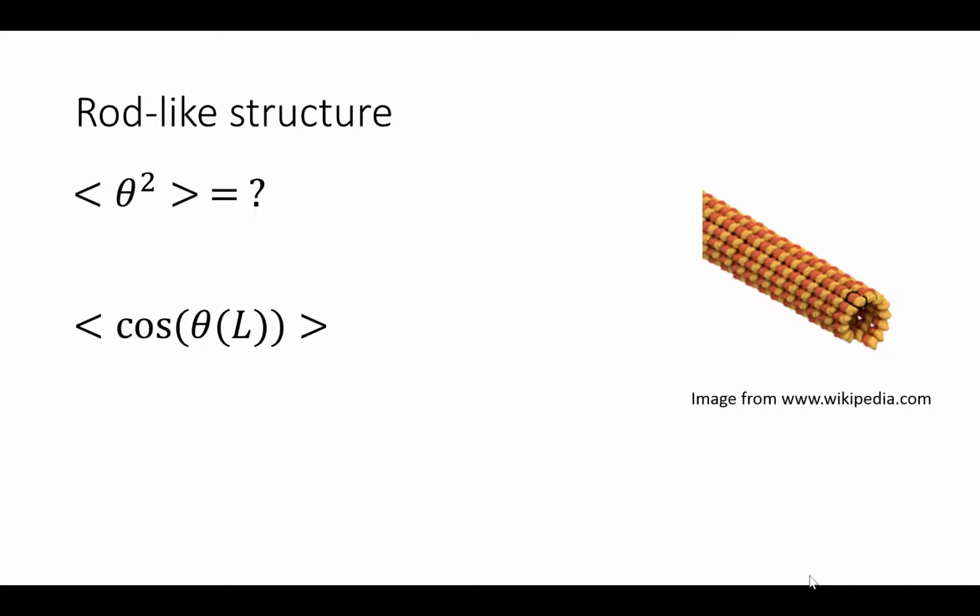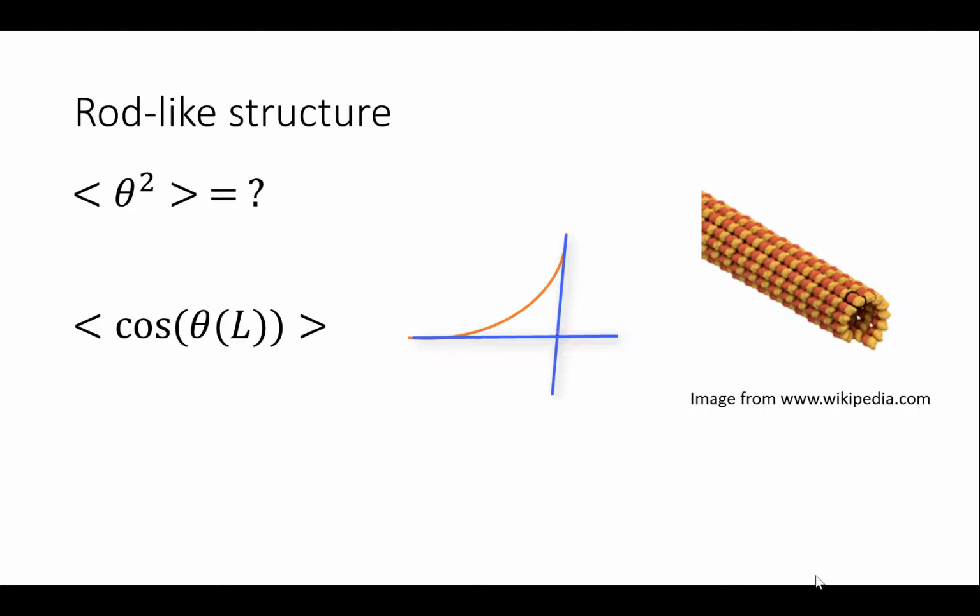So what we have to do is to go along the rod, measure the angle change for a given distance between the point where we stand and the point which we look at, as shown in this figure. Then we calculate the cosine of this angle and take its average.